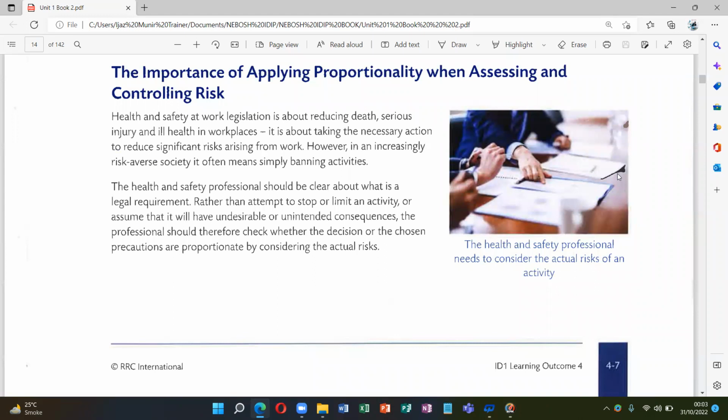The health and safety professionals should be clear about what is a legal requirement rather than attempt to stop or limit an activity or assume that it will have undesirable or unintended consequences. The professional should therefore check whether the decision or the chosen precautions are proportionate by considering the actual risk. The health and safety professional needs to consider the actual risk of an activity.